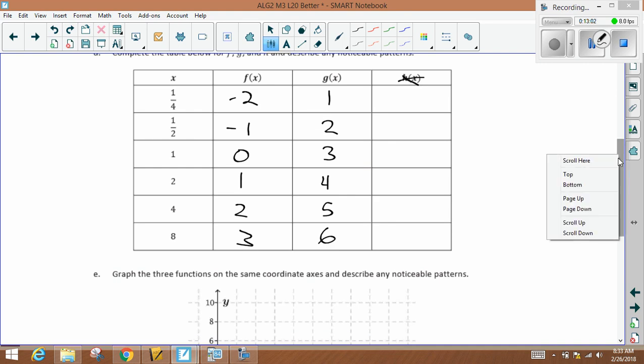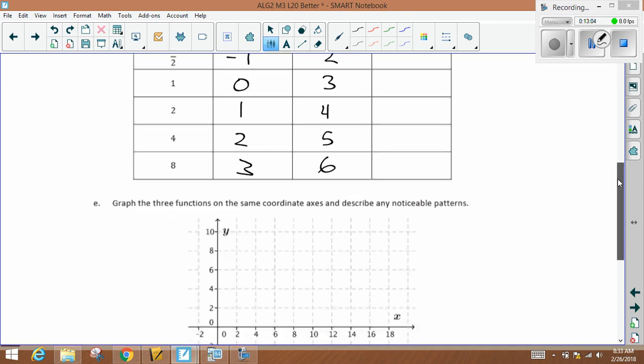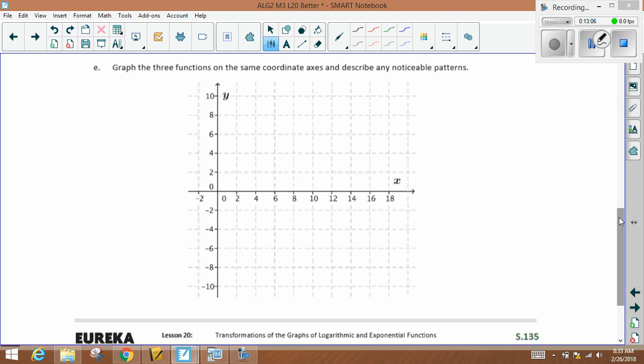And I can do it without my table. So first of all, we're going to graph f of x, which you've already done.